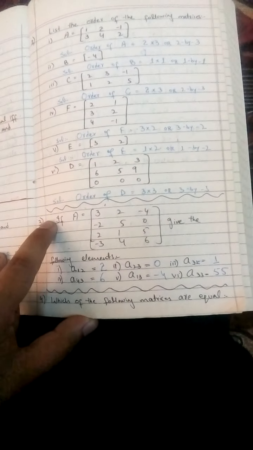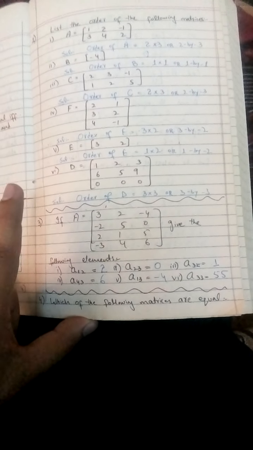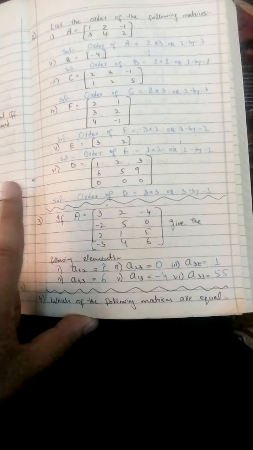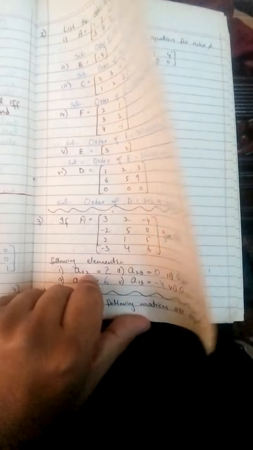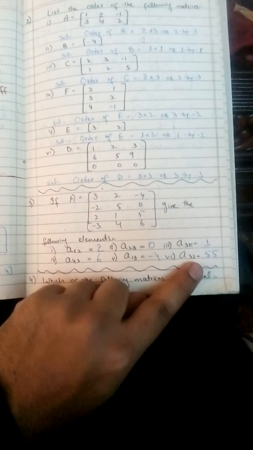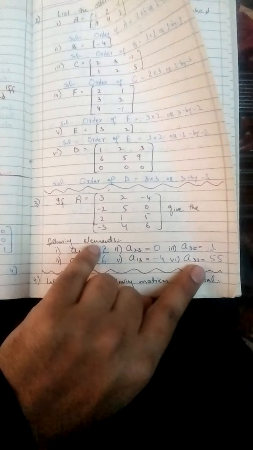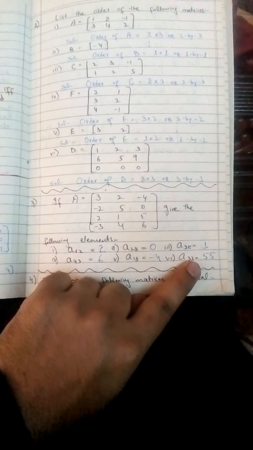You have to find not the number of elements, but the element itself. What element lies in A12? A12 means this is from the given matrix. I will share the matrix with you, and you will see what A12 is in that lecture.